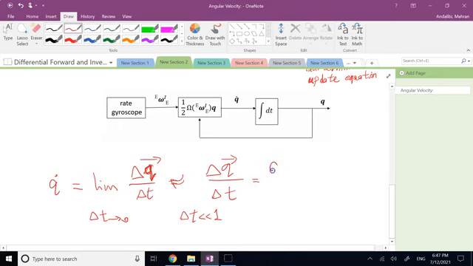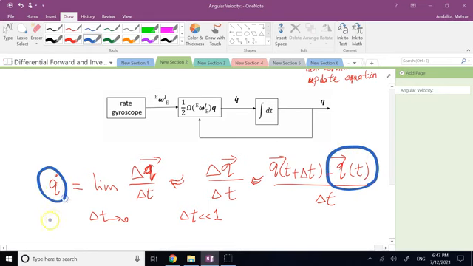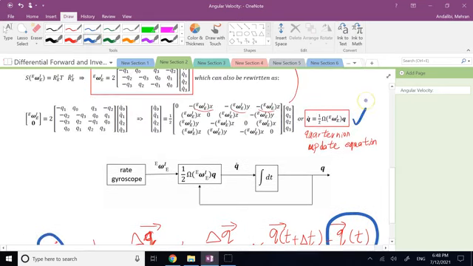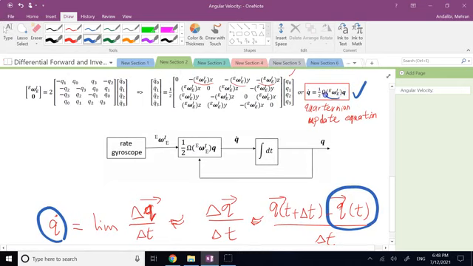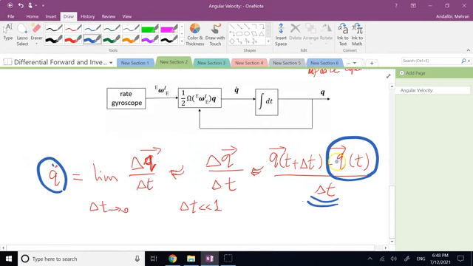And delta Q means Q at the next time point minus current Q. So if I know my current Q, if I know my current Q dot, which I can get from this equation, if I have a sample time, and if I have measurement of omegas from my gyro, I can plug them here, I can get my Q dot, and with all of that, I can solve for my next set of Q values, right?